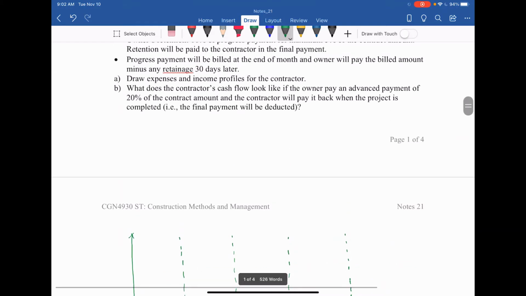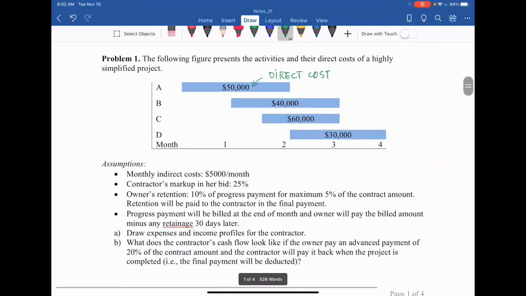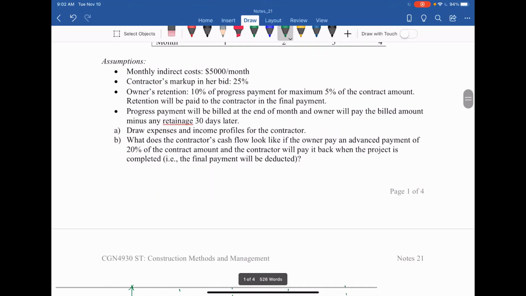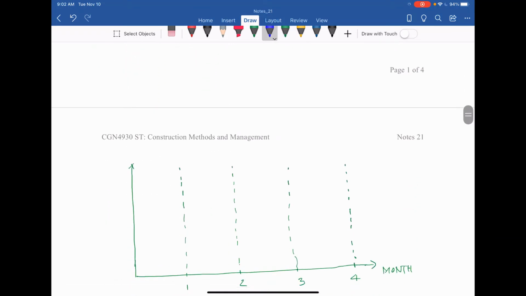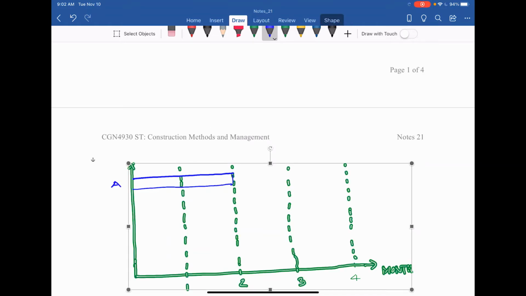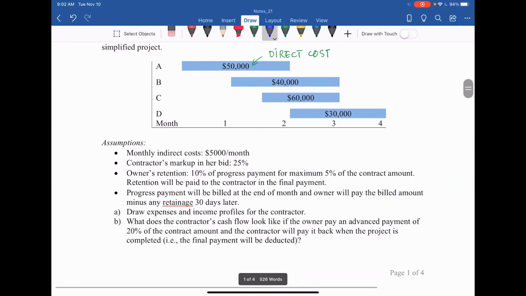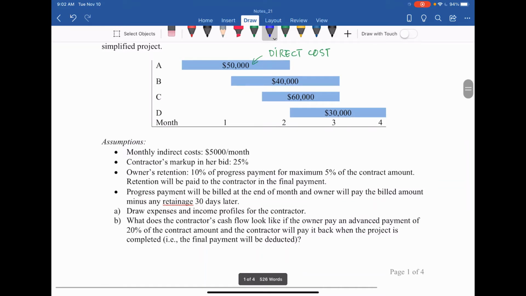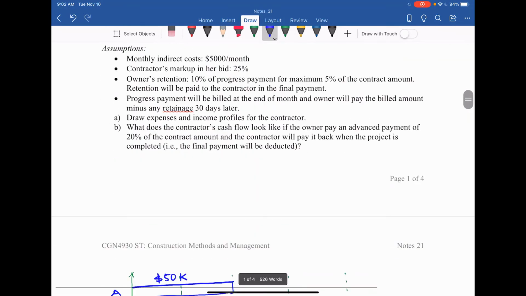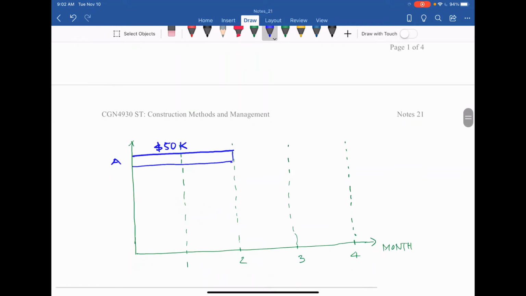Activity A lasts for the first 2 months with 50,000 direct costs. Activity B, 40,000, for months 2 and 3.